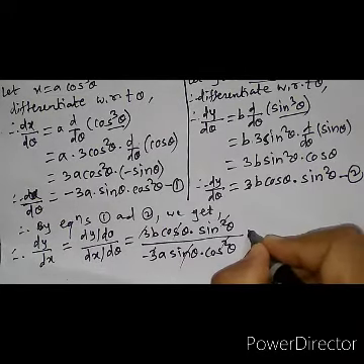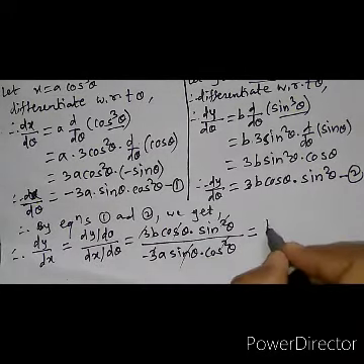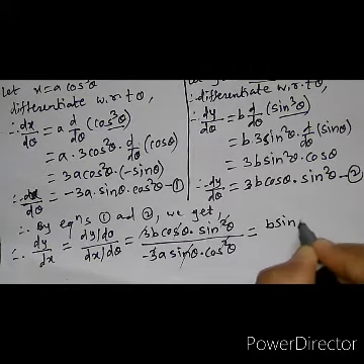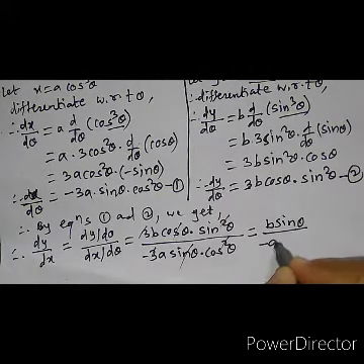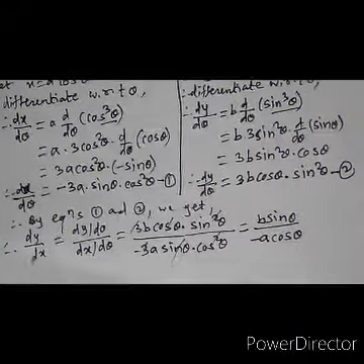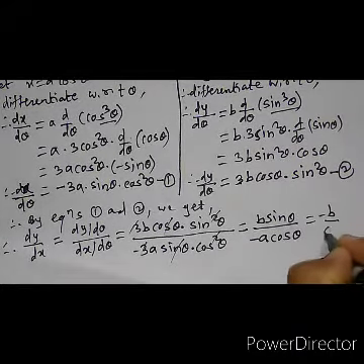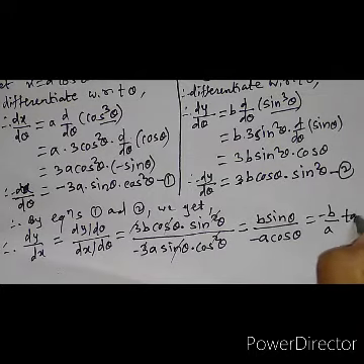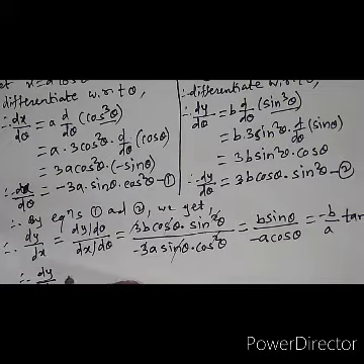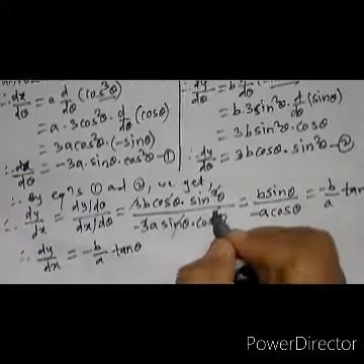So here we got b sin theta upon minus a cos theta. Now minus b upon a as it is, sin upon cos is tan theta. Therefore here we got dy by dx is equal to minus b upon a into tan theta.